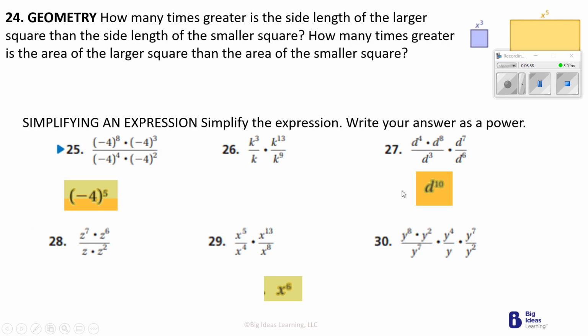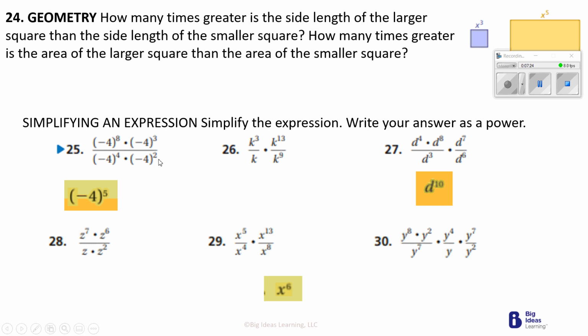Sorry about this one. Looks like I gave all these answers before I got to it, but I will explain it. Number 25 says simplify the expression, write your answer as a power. We're taking this negative 4 base and we're multiplying 8. Well, we have 8 and 3. Since we're multiplying these and have the same base, we can add these. 8 and 3 make 11. And then we'll add these down here because we're doing the same thing, and that's 6.